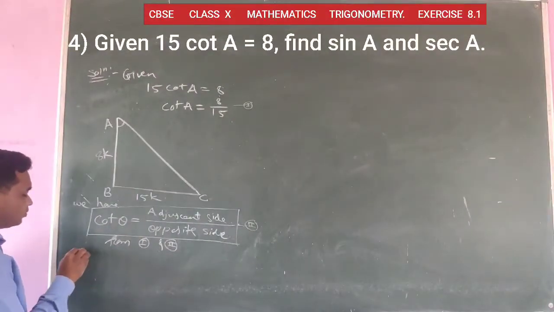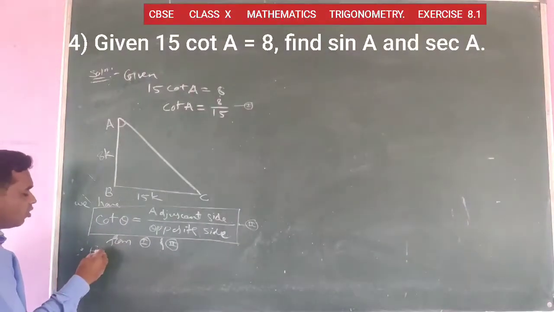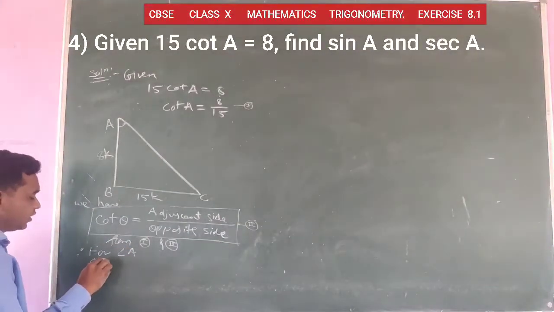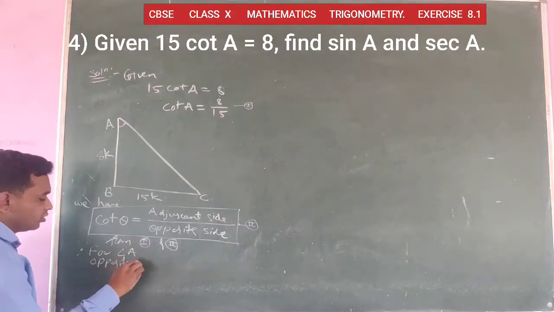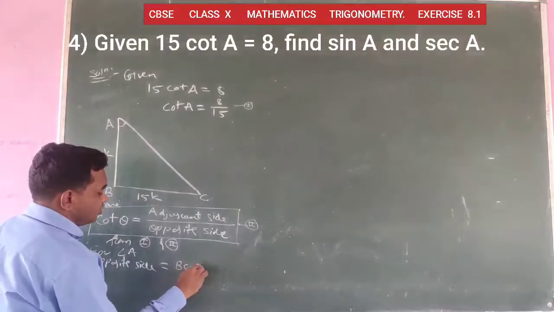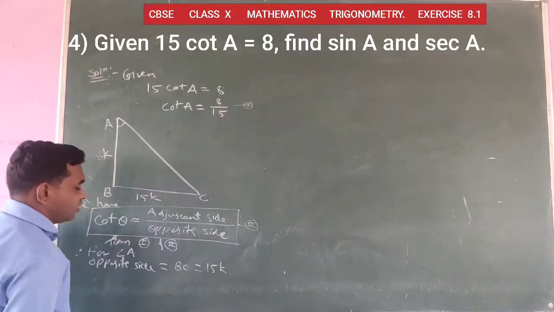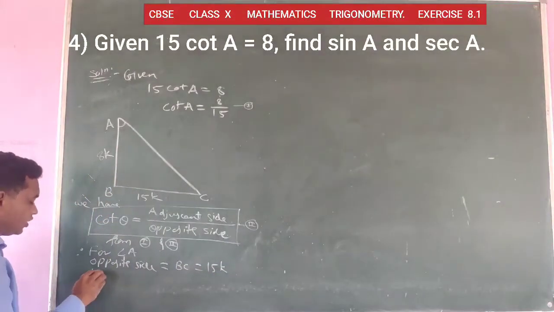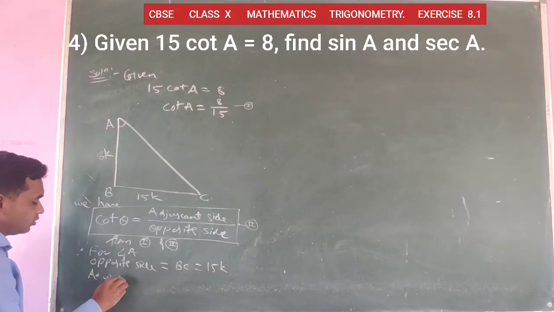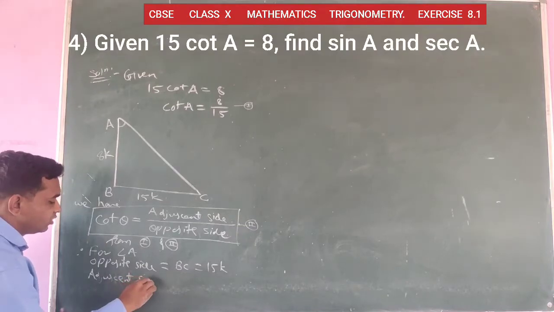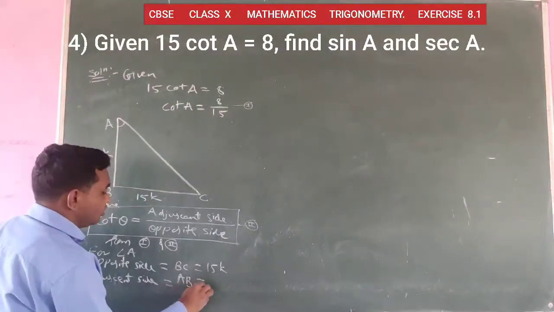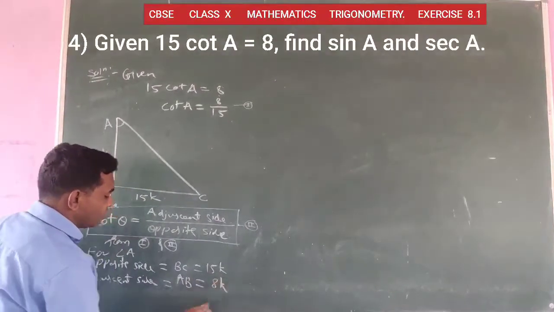So therefore, for angle A, the opposite side BC is equal to 15K and the adjacent side AB is equal to 8K, where K is a common factor.